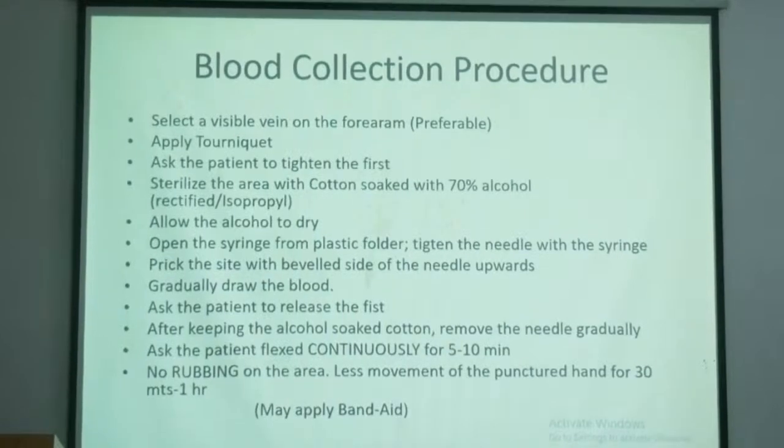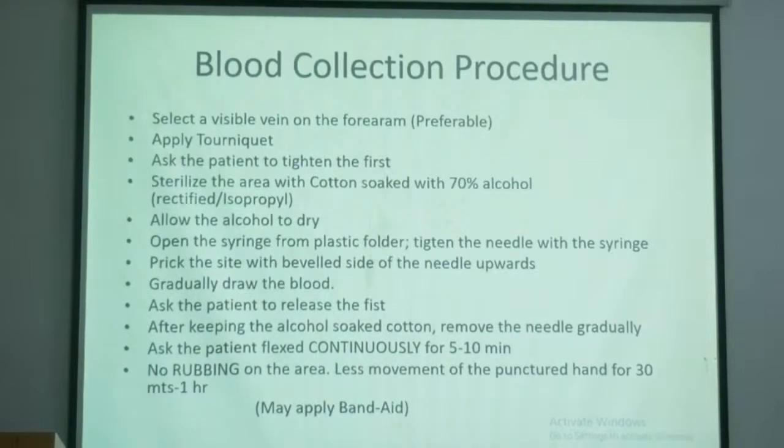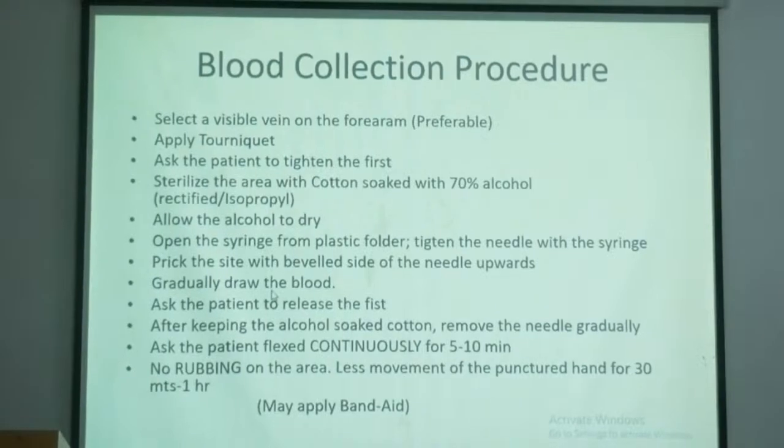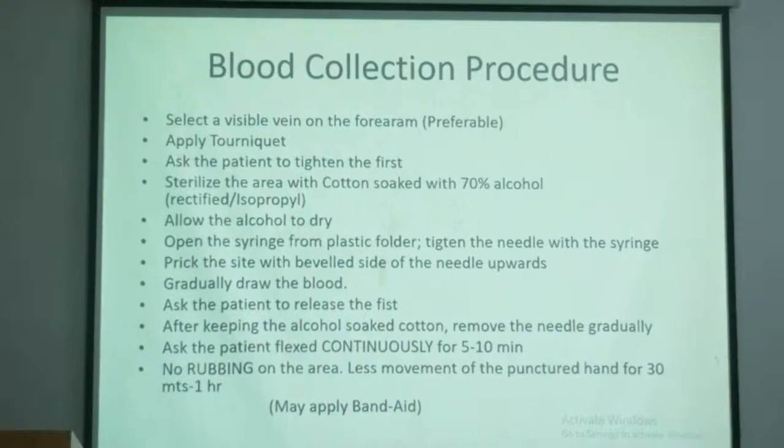Pick the needle with the beveled side upwards, not below. Gradually draw the blood, because if you draw it rapidly there will be high turbulence in the needle, which will rupture the RBC membrane and the serum will be hemolyzed.